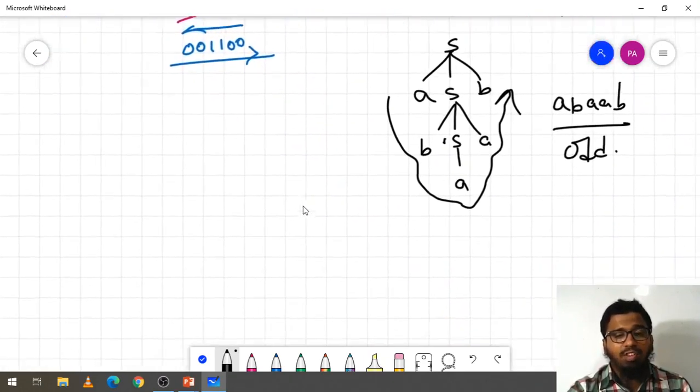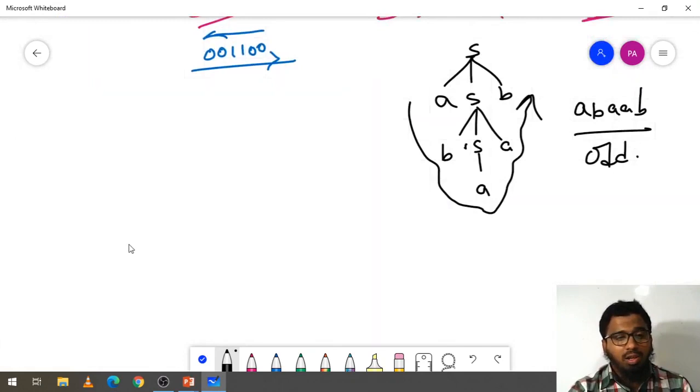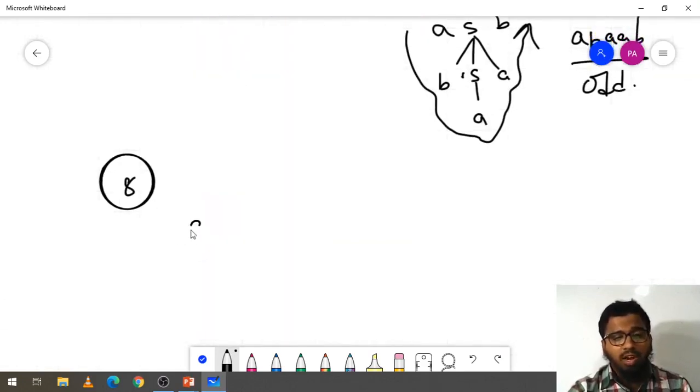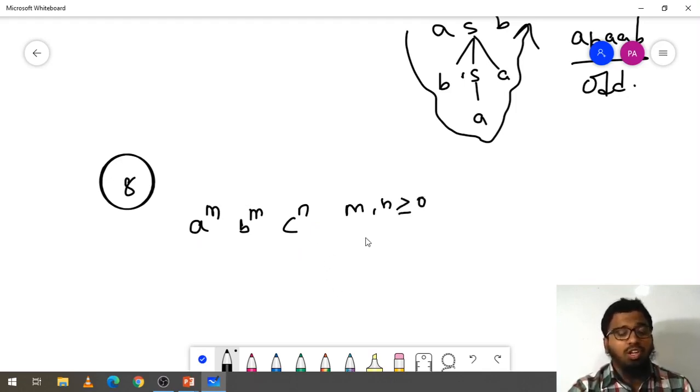Okay, now we will see the last one, the 8th one. What is the 8th one? Here A power m, B power m, and C power n. So this is an equation language. Here m, n should be greater than or equal to 0.